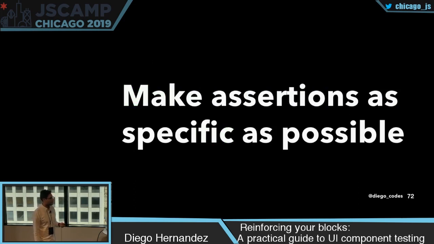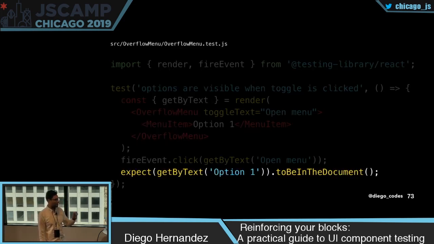Another thing I wanted to point out about that previous test is that we made our assertion as specific as possible. The first test that we ran, we were checking that something was not in the document, right? So for this test, we could have easily done the same thing of saying to be in the document, kind of the opposite of not being in the document. But we want to make each test go as far as we can.